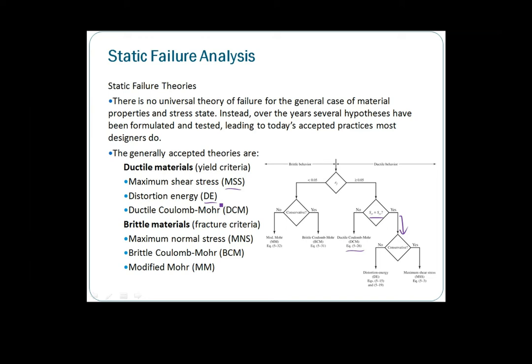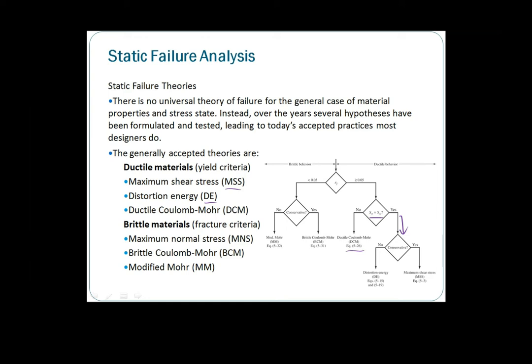Brittle Coulomb-Mohr is slightly more conservative compared to modified Mohr. So in terms of conservatism, MNS, followed by modified Mohr, then followed by brittle Coulomb-Mohr. That is the general overview of what we have.